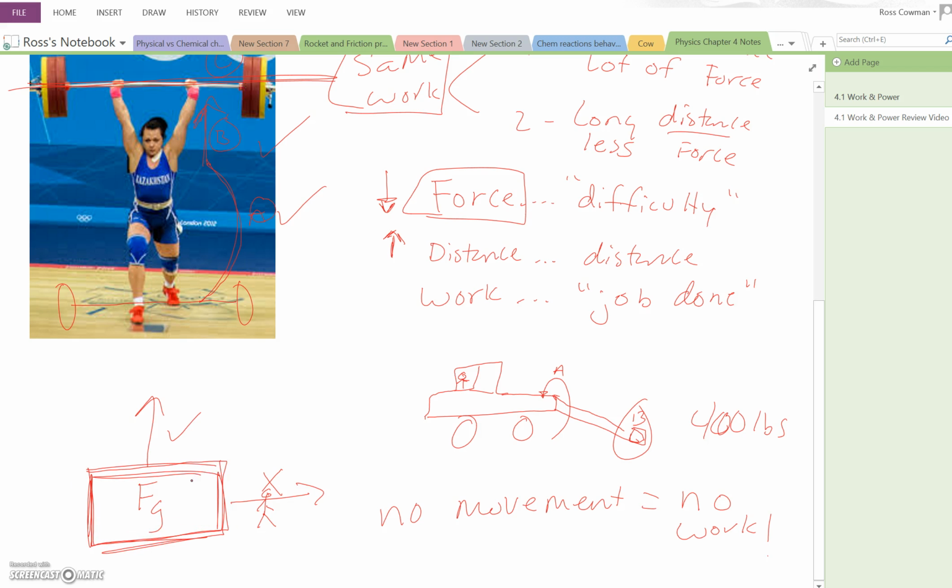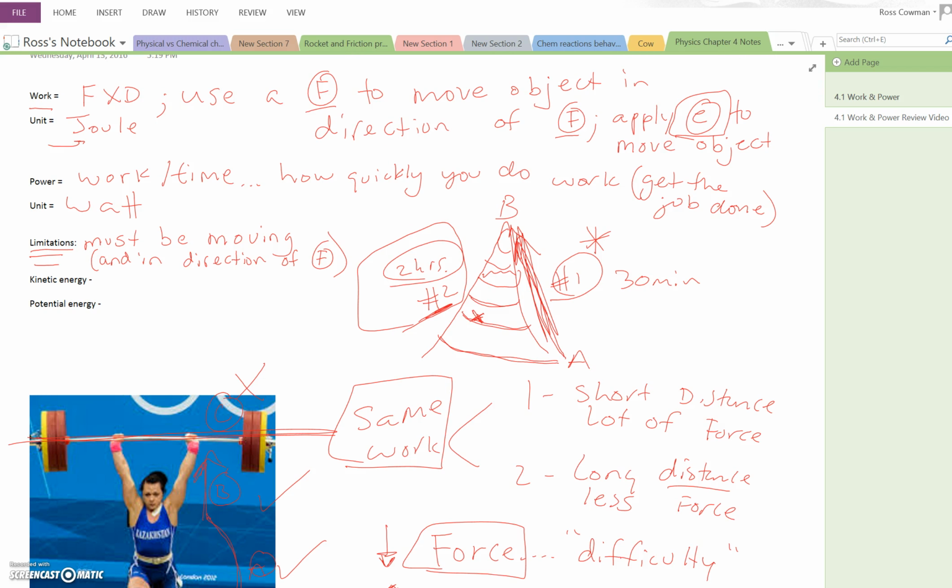So two things that were in the reading that we haven't talked about a lot were kinetic energy and potential energy. Basically, kinetic energy is energy in motion, and potential energy is stored energy, or the ability to do work.